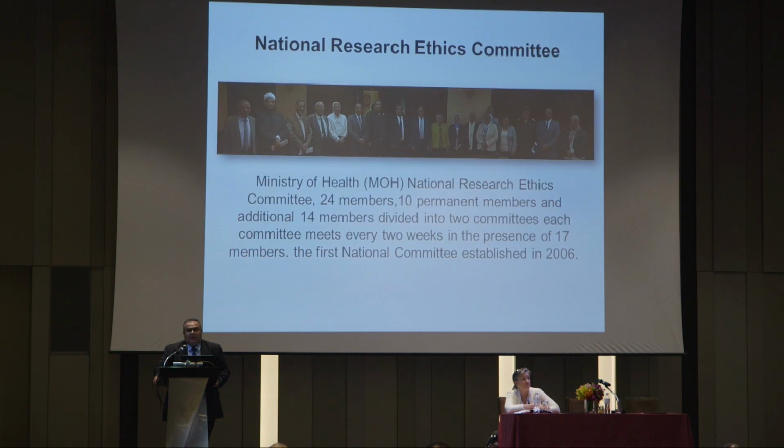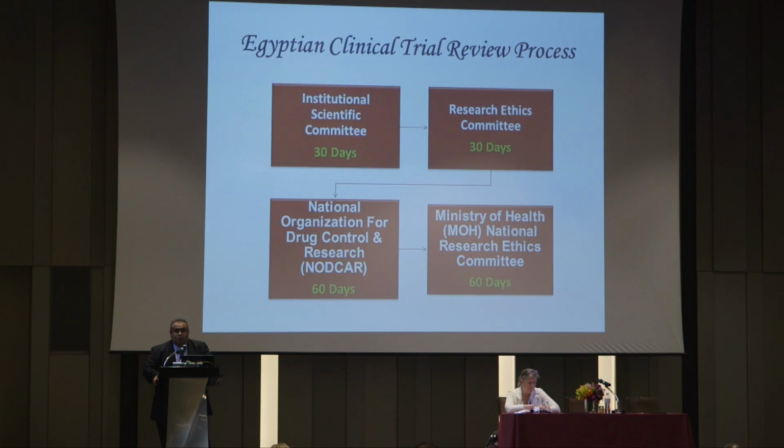And from our point of view, we need to have knowledge regarding alternative clinical trials. We also have a national committee inside the Ministry of Health, composed of 24 members, that meets every 2 weeks. Every international clinical trial must go through this committee.